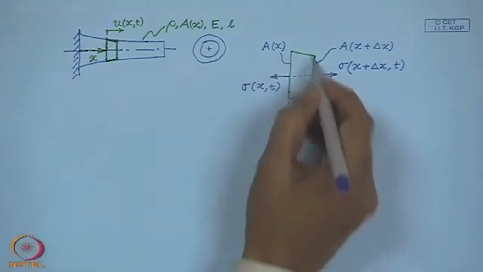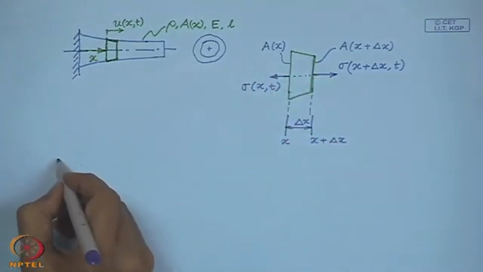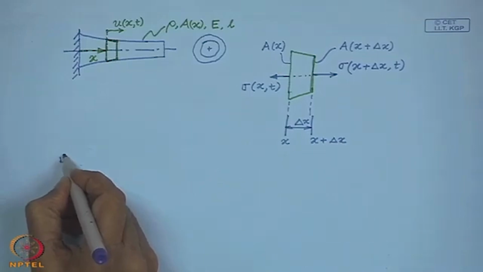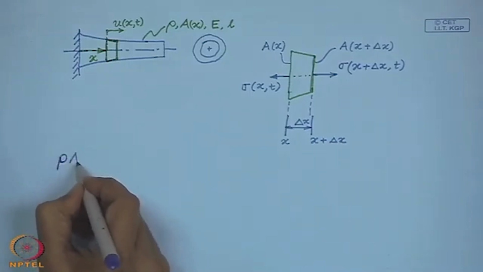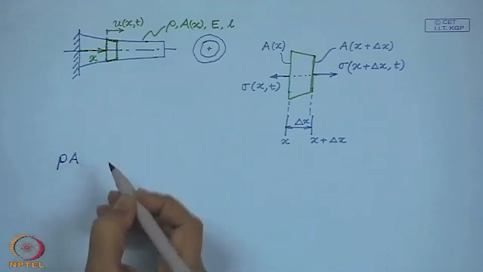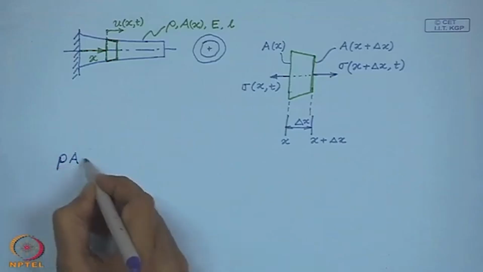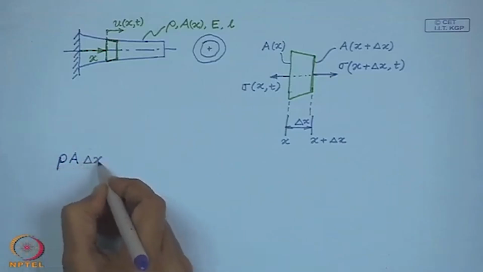So, the mass of this little piece may be written as rho times A, which is mass per unit length, and the length of this little element is delta x.